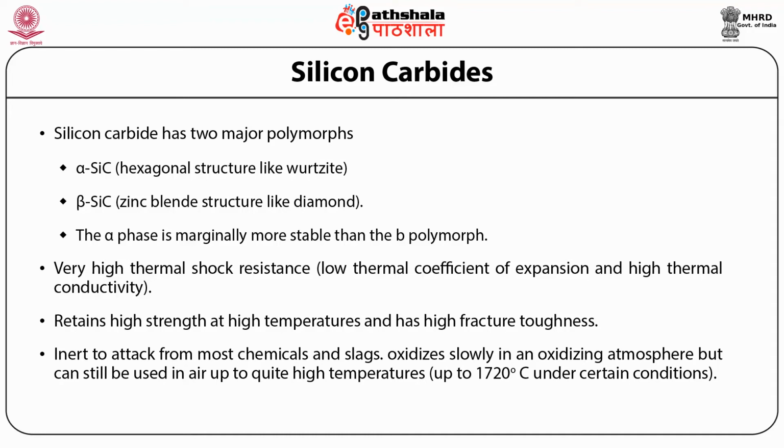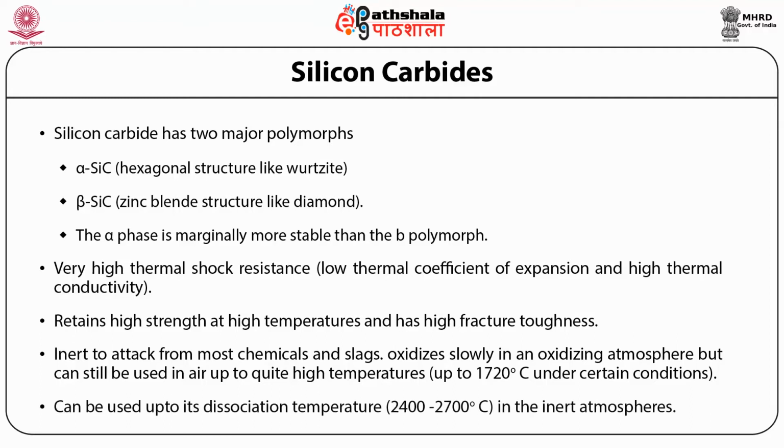It oxidizes slowly in an oxidizing atmosphere but can still be used in air up to quite high temperatures, that is up to 1700 to 2000 degrees Celsius under certain conditions, and almost up to its dissociation temperature, that is 2400 to 2700 degrees Celsius, in inert atmospheres.